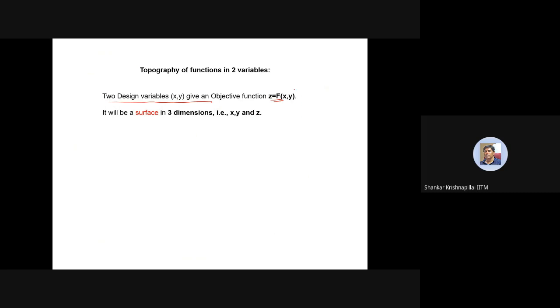Suppose this is x, this is y, and this is f of x y. It will look like a surface like this. Each value of f of x y will be the altitude.